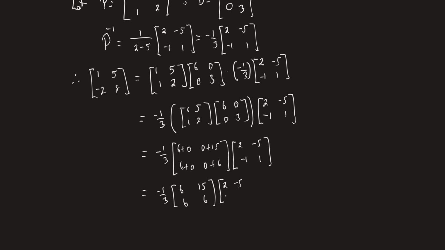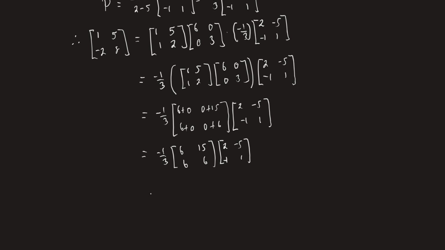So it might be a nice thing to go ahead and distribute the negative 1/3 right now. That gives us negative 2, negative 5, negative 2, negative 2. And then let's multiply by 2, negative 5, negative 1, 1.